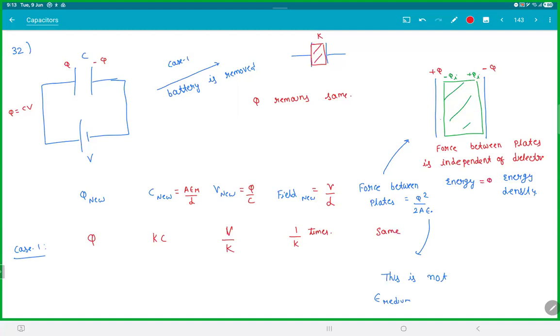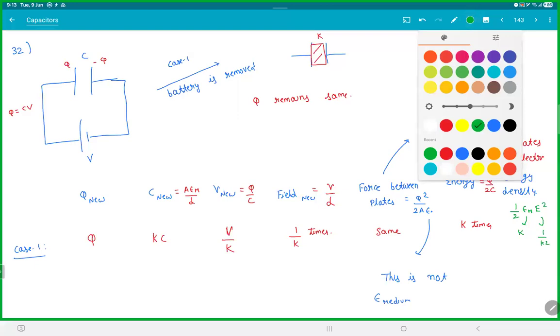What is the energy? Q square by 2C. Q remains same, capacitance became K times, so energy becomes 1 by K times. Correction as said: capacitance became K times. What is energy density? Field became 1 by K times. What is the formula again for energy density? Energy density formula is half epsilon medium E square. So epsilon medium became K times, E square became 1 by K square. So the overall thing becomes 1 by K times.